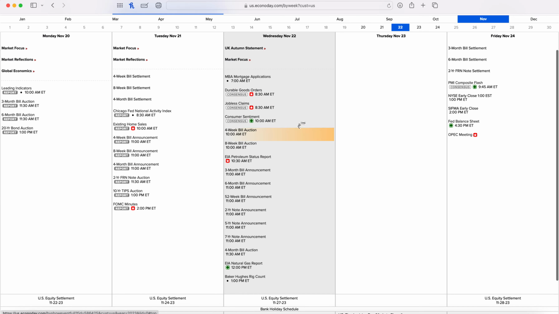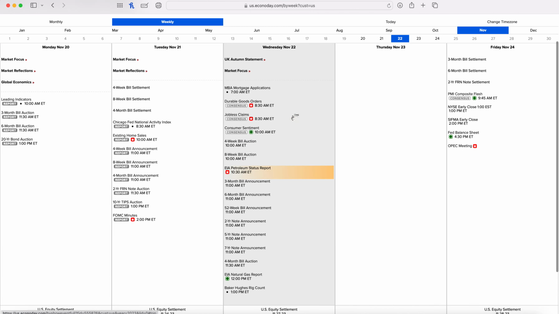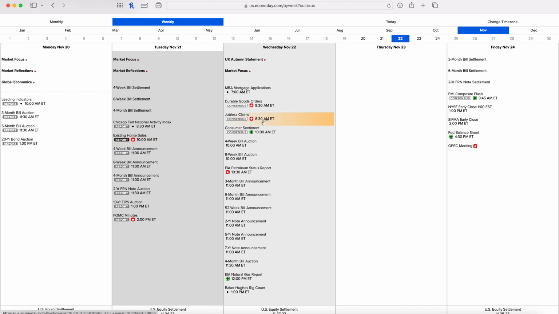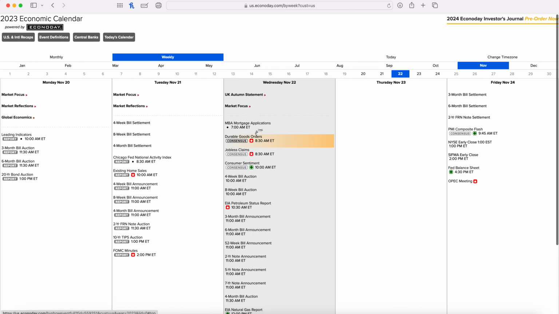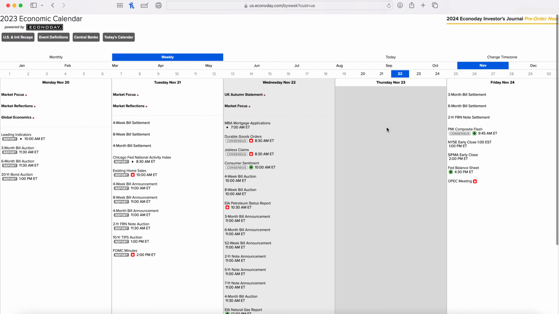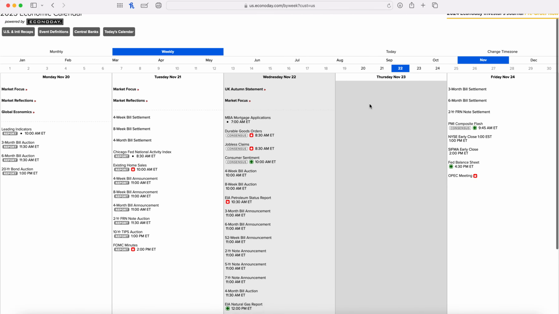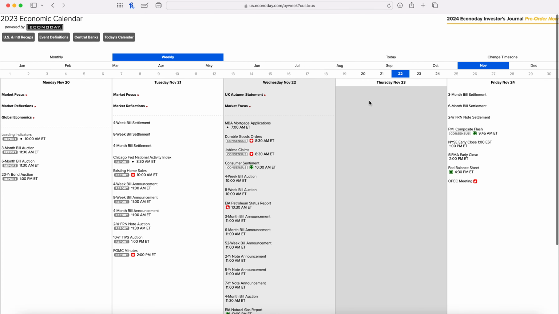This works for every week, so I think it's good information to know when things are going to be reported, especially these things with stars, which are supposed to be the most important. But Thursday here, you can see it's a vacation day. It's a public holiday, so the markets are closed.